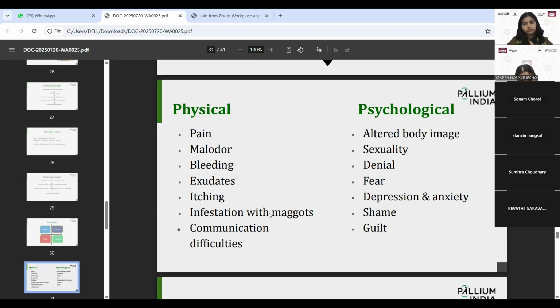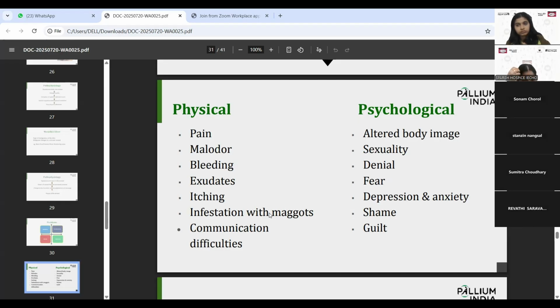Dry skin will lead to irritation. Infestation with maggots: we have already seen that even a small wound is enough for a mosquito or any small insect to hatch eggs, which leads to maggots.